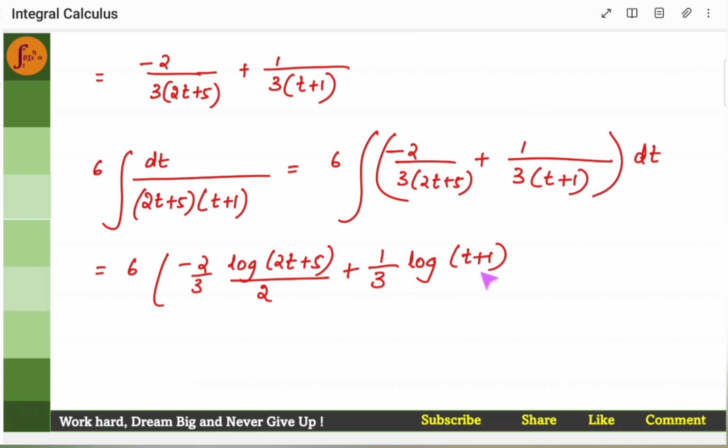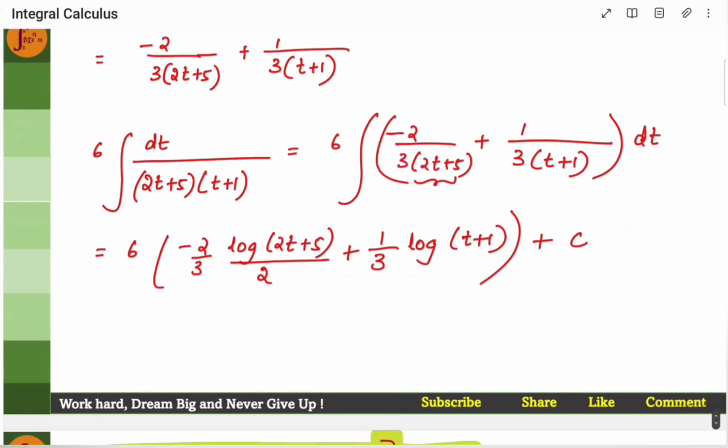Which is 1. That's why we don't put anything, because the coefficient of t here is 1, plus c. So remember one thing, integral of 1 by x is log x. That's why here we have 1 by (2t + 5), so we are putting it as log (2t + 5), and we take the coefficient of t, which is 2, and divide by 2 here.